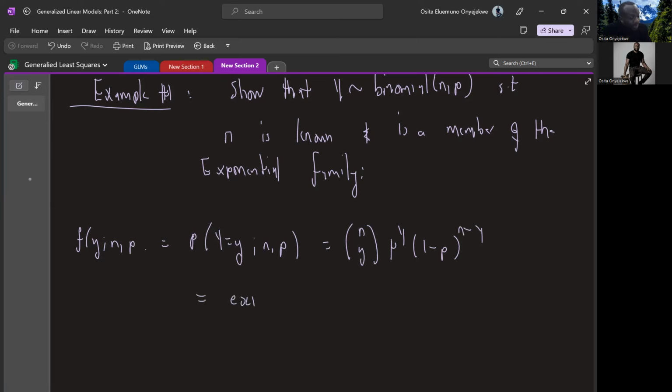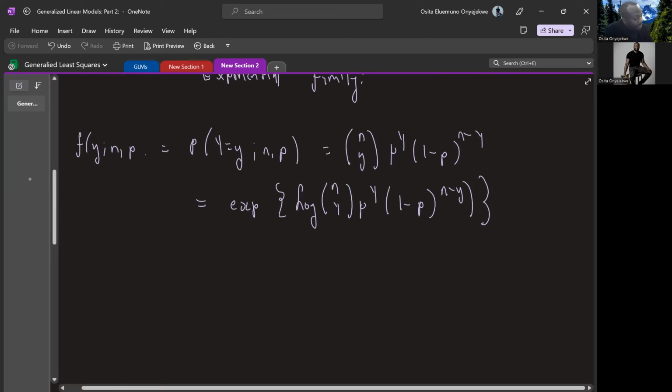And this is going to equal the exponential of the log of n choose y, p to the y, 1 minus p to the n minus y. Okay, and then we can expand this out a little bit.